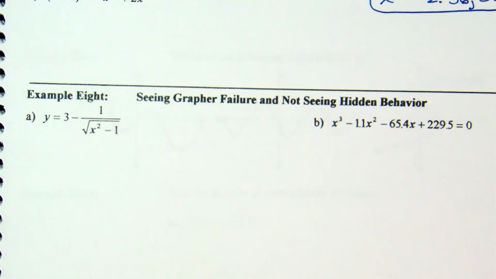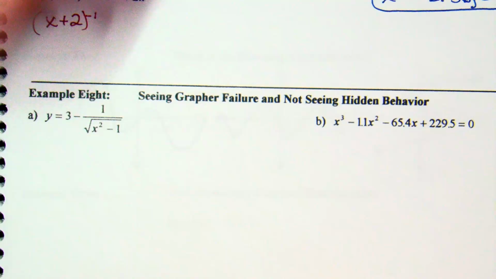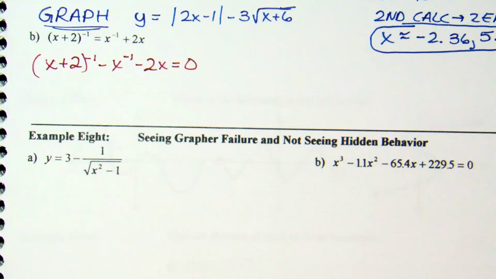When I go to graph this, we want it equal to 0. So I already have x plus 2 to the -1, and then x to the -1. I need to move that over, minus everything, so it's minus x to the -1. I need to move the plus 2x over, so minus 2x equals 0.